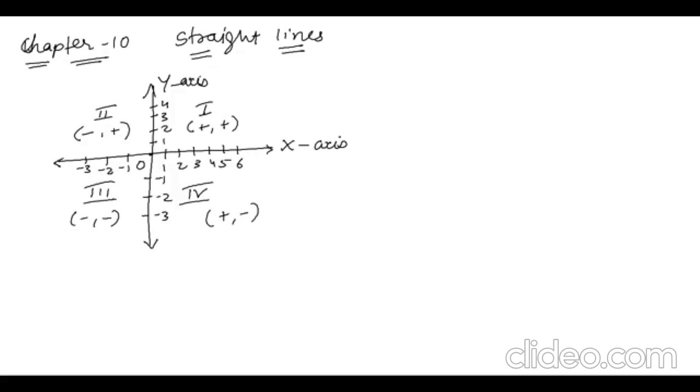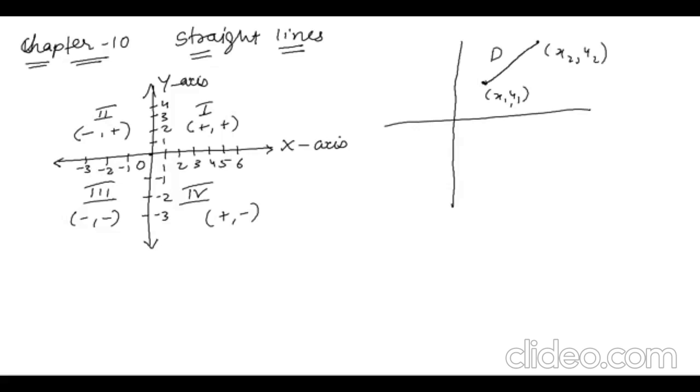Now, after that was the concept of distance between two points, right? So suppose I plot two points, say (x1, y1) and (x2, y2), then the distance between these two points can be found using the formula.